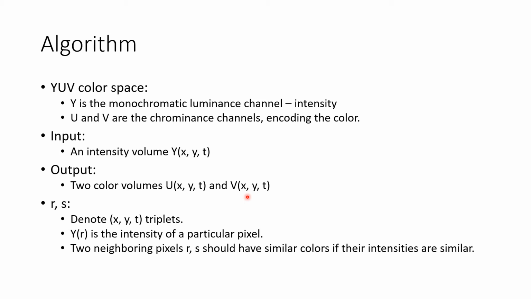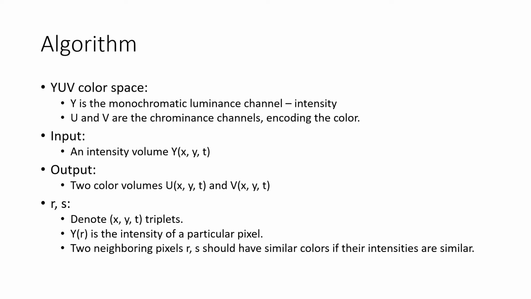So what the authors did, they used R and S to denote two pixels. If we say Y(R), that means R is a location, and Y(R) is the intensity value of the pixel at location R, and S is a neighboring pixel.